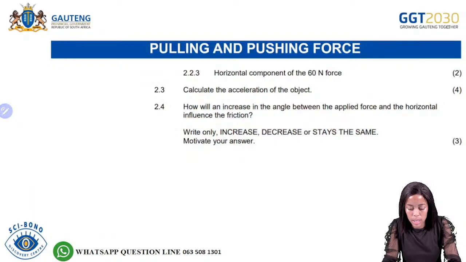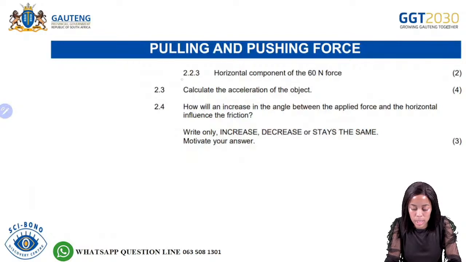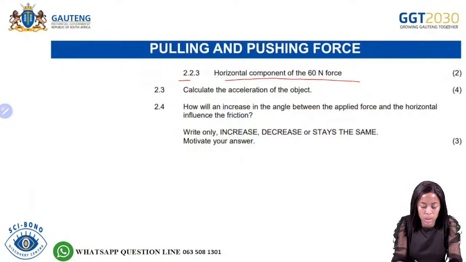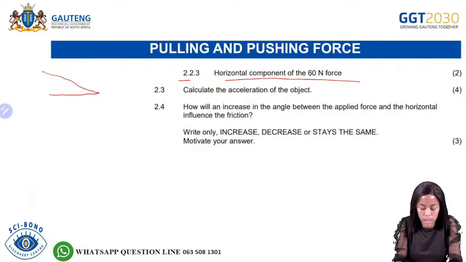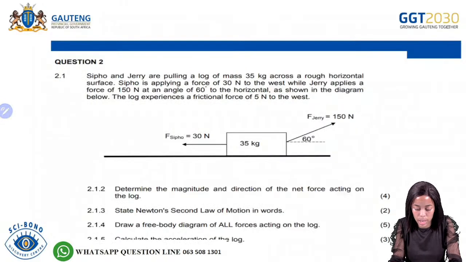Okay, and then the next one, 2.2.3, says that we need to calculate the horizontal component of the 60 Newton force. So according to the diagram, we had what? A triangle. Let me just verify.